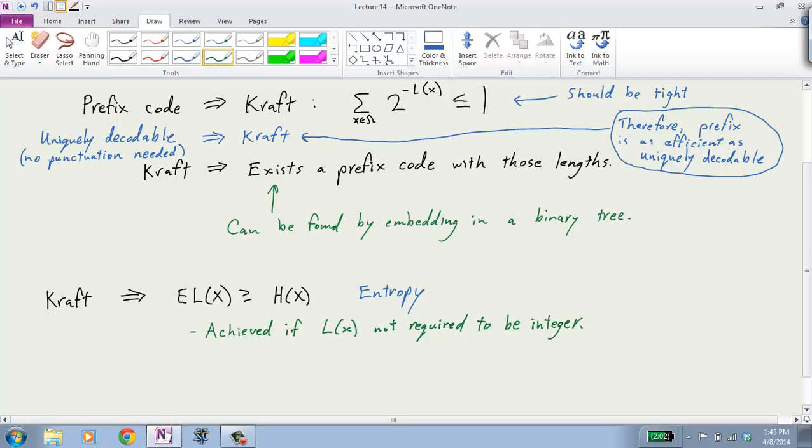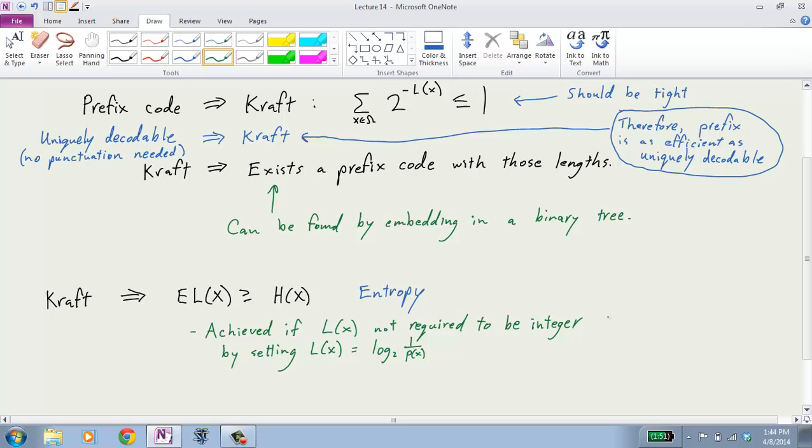Of course there's not a coding meaning of that, but then you would achieve this by setting L of x equals log base 2 of 1 over p of x. So that's what you would set all the L's to equal. And when you do that, you do satisfy Kraft inequality. You can plug that straight into Kraft inequality.